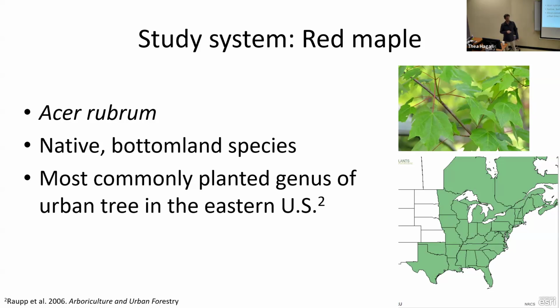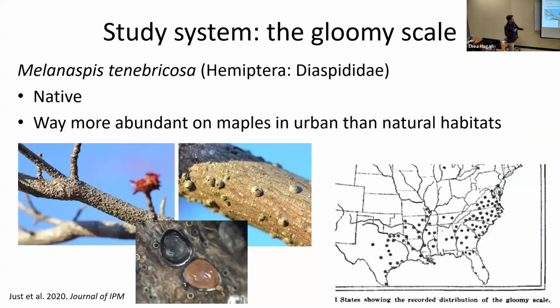Well, maybe crepe myrtles may have displaced that at this point, but crepe myrtles and red maples are right up there. On red maples, the gloomy scale is a native armored scale insect that feeds on maple trees generally. It's a native species, but it is way more abundant on urban red maples than maples in nature.